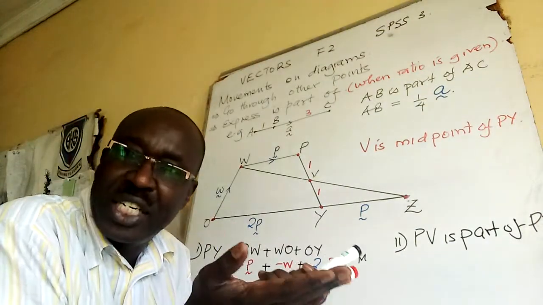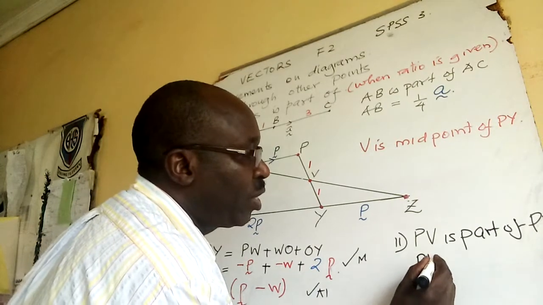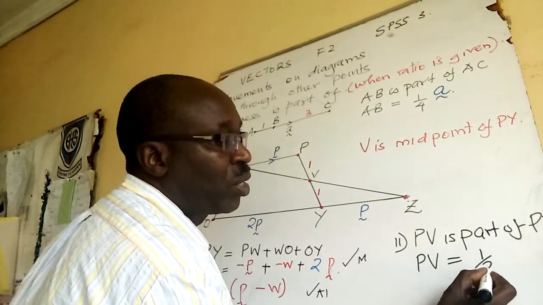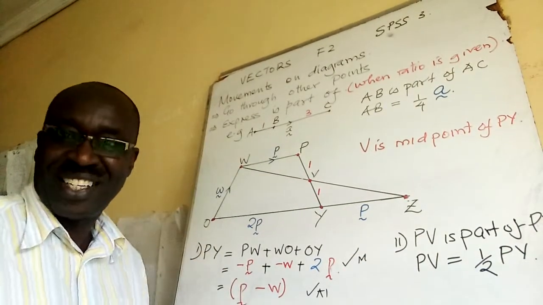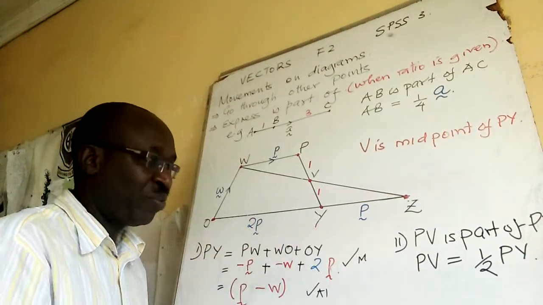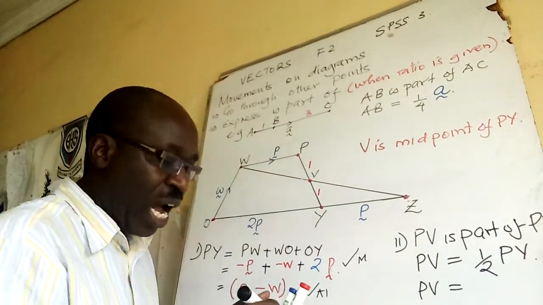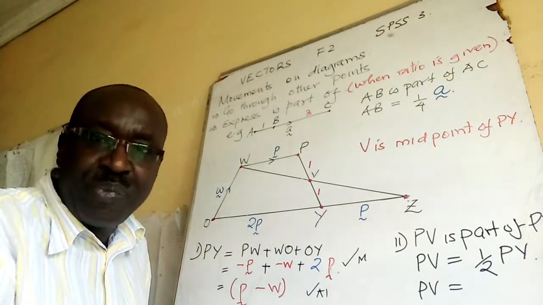And then you put it in a mathematical equation. So PV is which part? 1/2 of PY. That is now a mathematical equation. Then you finish. PV is a half of PY. A half of PY is halfway PY.